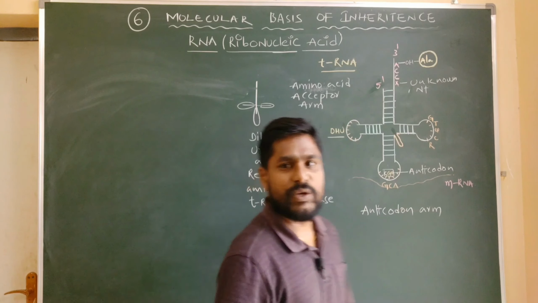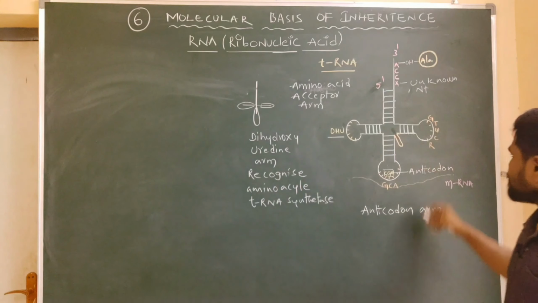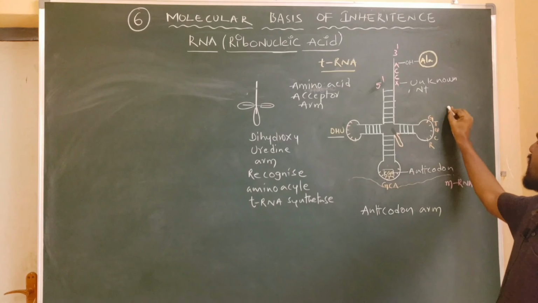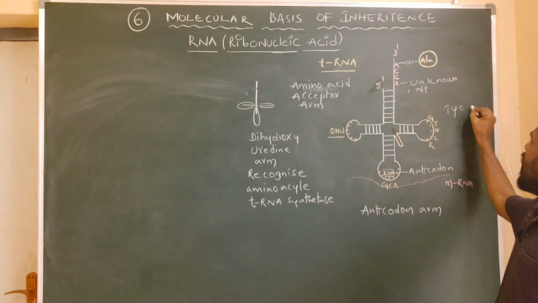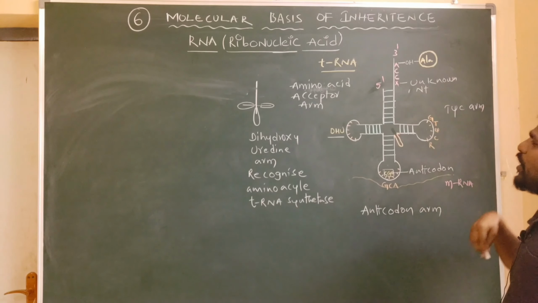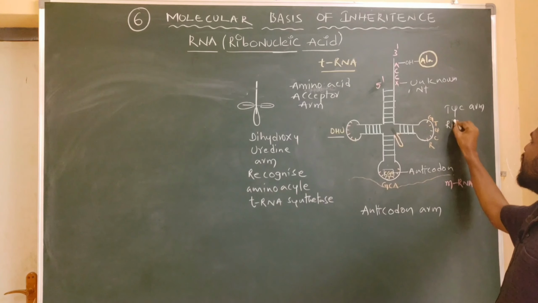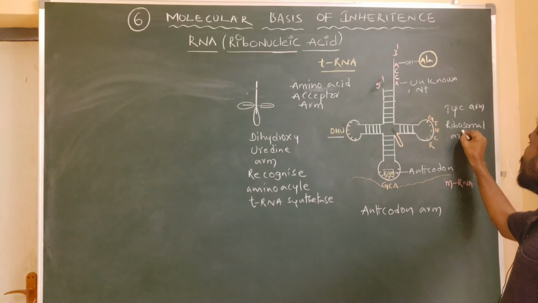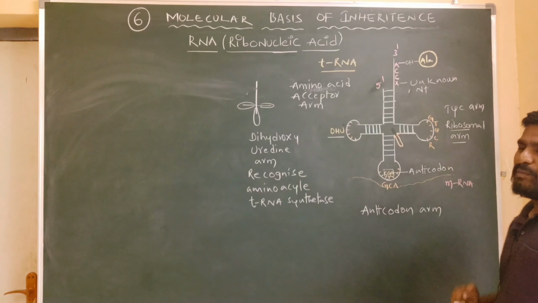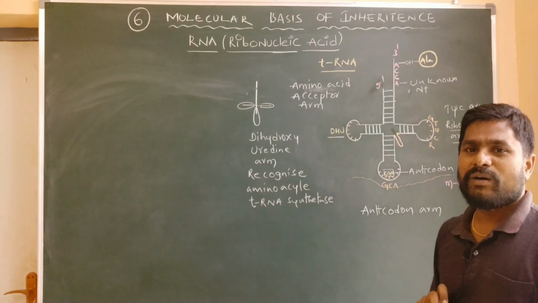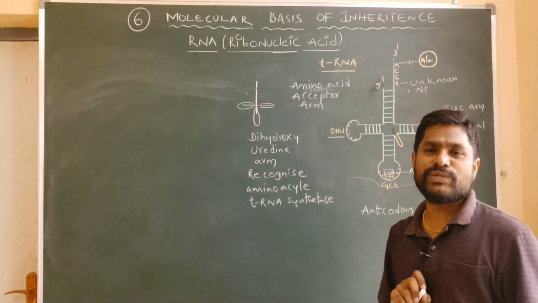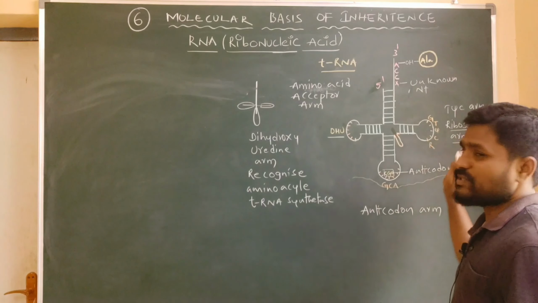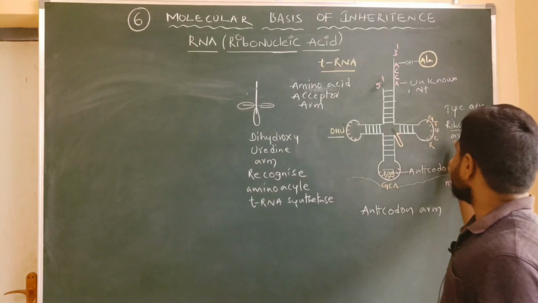And the fourth one is the T psi C arm, otherwise called the ribosomal arm, because the function of this arm is to recognize the ribosomes during translation or protein synthesis.